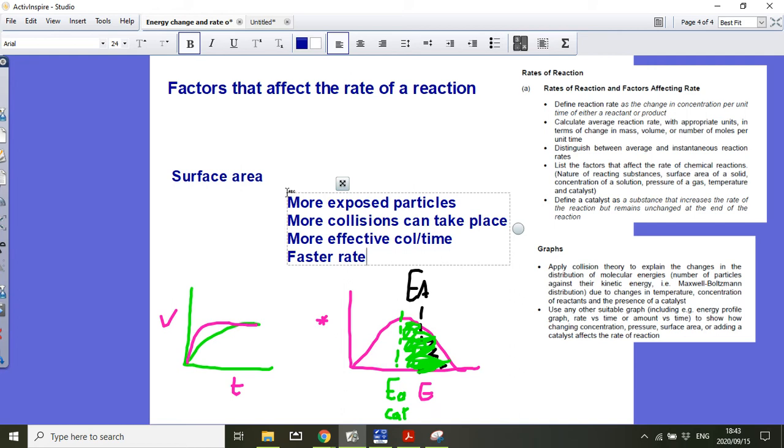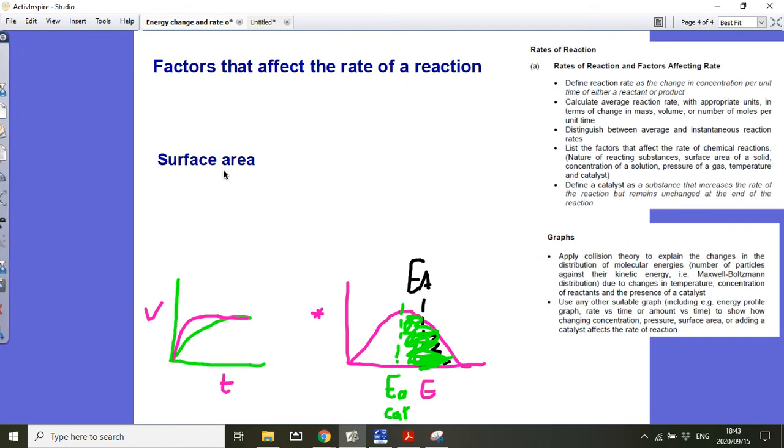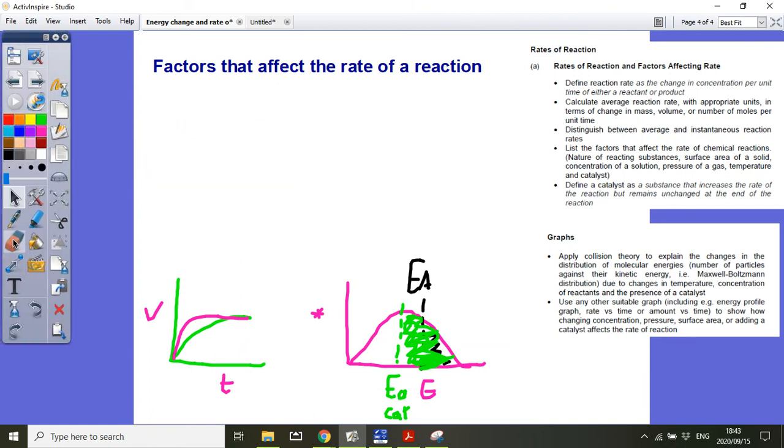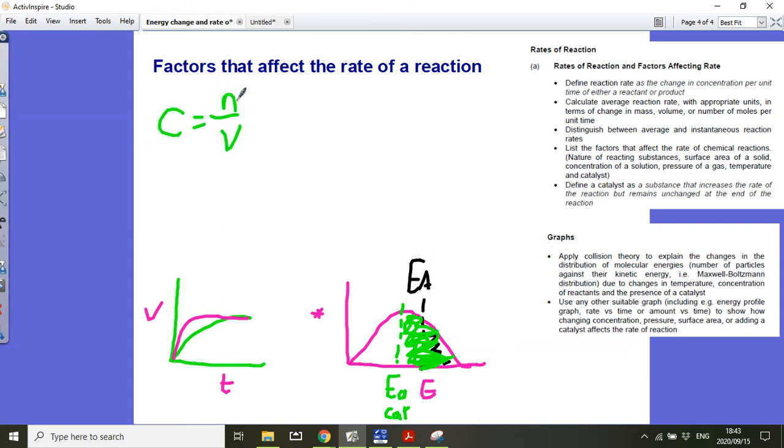If we look at concentration, just quickly remember what concentration actually is. Let me just write the formula for you quickly. Concentration is moles over volume. So sometimes the moles are going to increase.